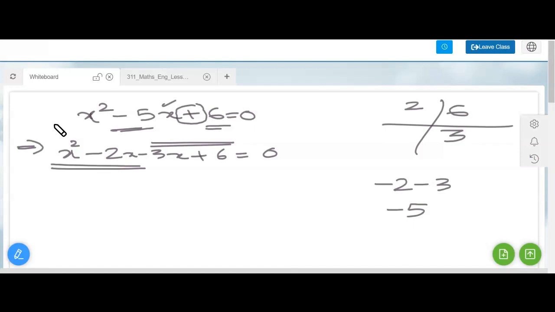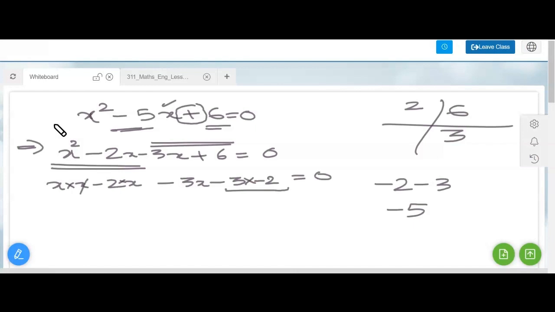So the first two terms are x into x minus 2 into x. And the other terms are minus 3 into x minus 3 into minus 2. This is the way I can write it, plus 6 is equal to 0.